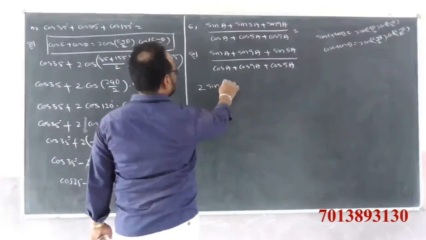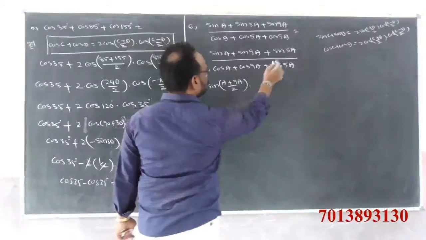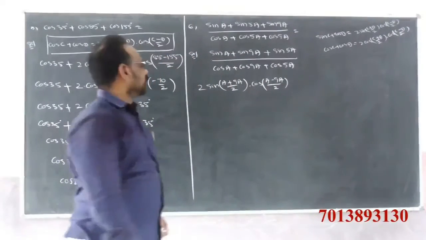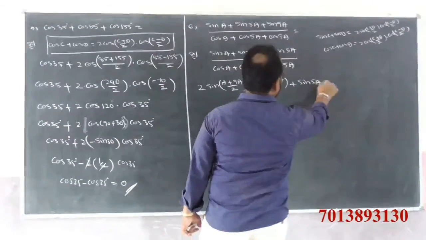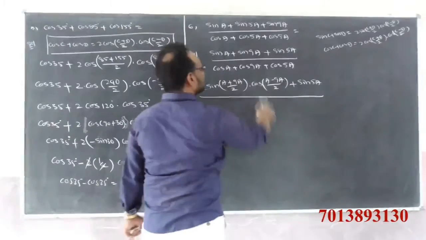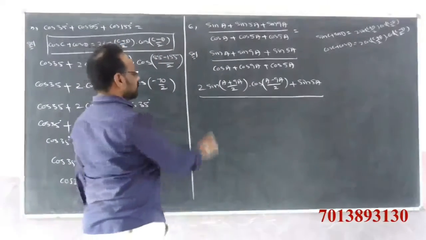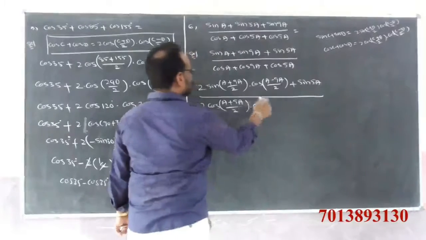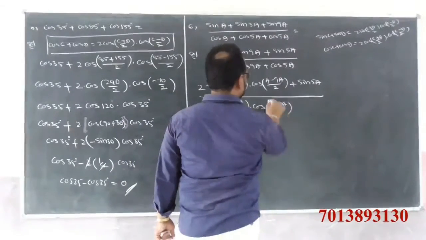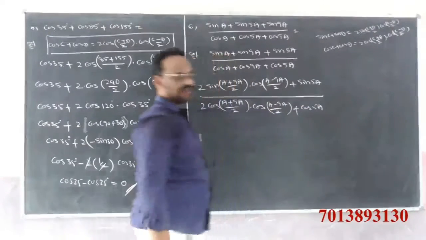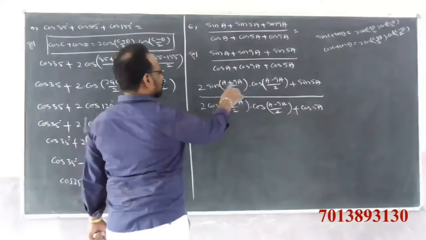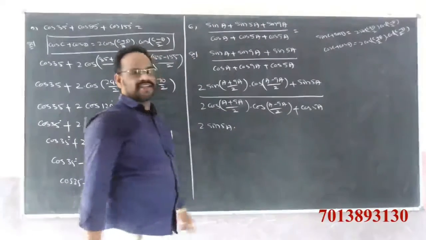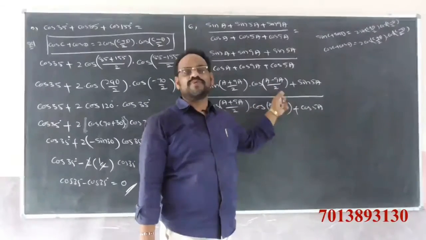So 2 sin of (A plus 9A) by 2 into cos of (A minus 9A) by 2, plus sin 5A in the numerator. In the denominator, cos C plus cos D is 2 cos of (A plus 9A) by 2 into cos of (A minus 9A) by 2, plus cos 5A. Clearly A plus 9A by 2 gives 5A, and A minus 9A is minus 8A, by 2 gives minus 4A.